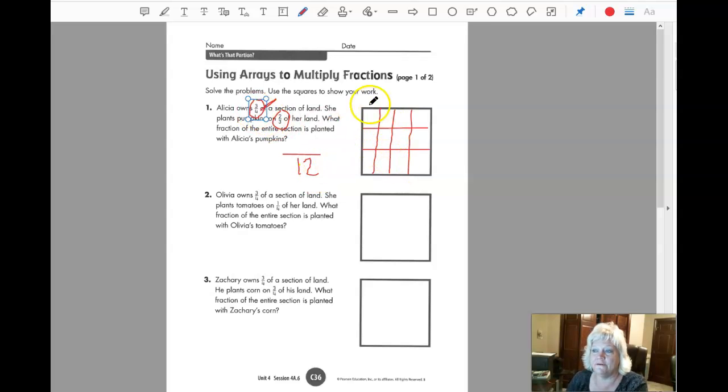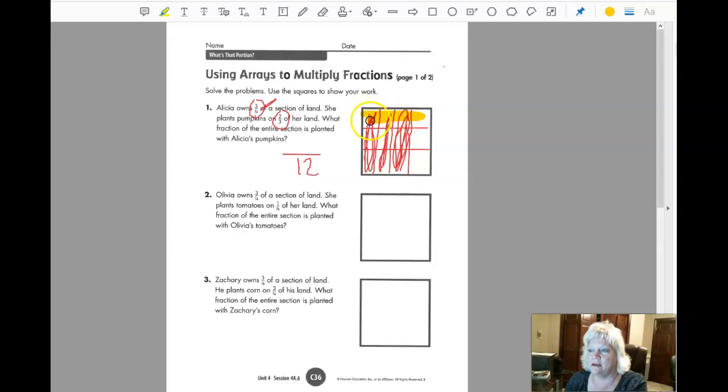Now, of the 4 that go up and down, it says that I need to shade 3 of them. So I'm going to go this way. And there's my second one. And there's my third one. I can't do it super well on this, but hopefully you're getting it. Now I'm going to do 2 of the 3 that go across.